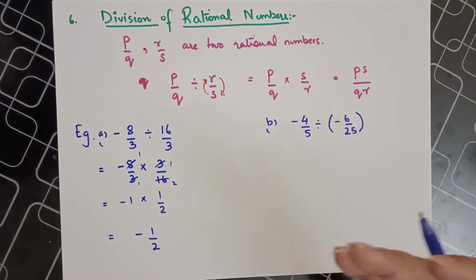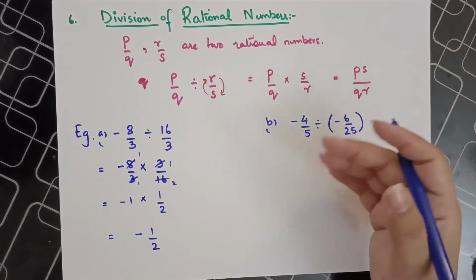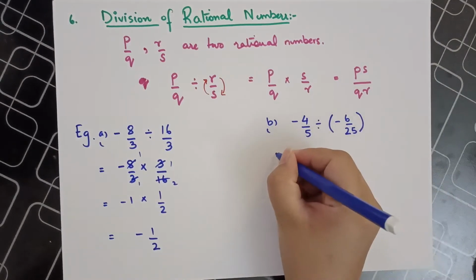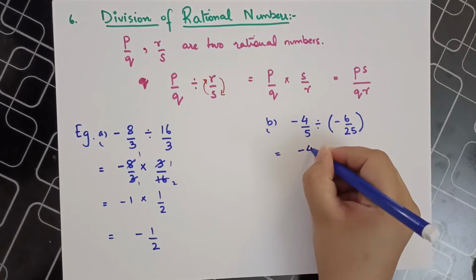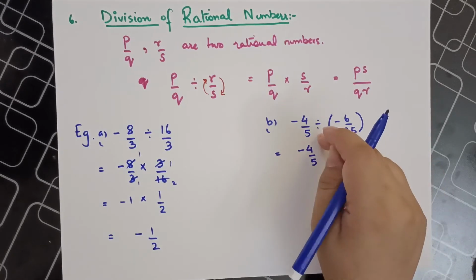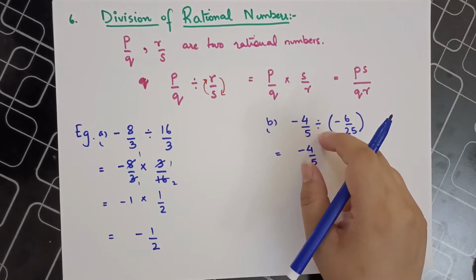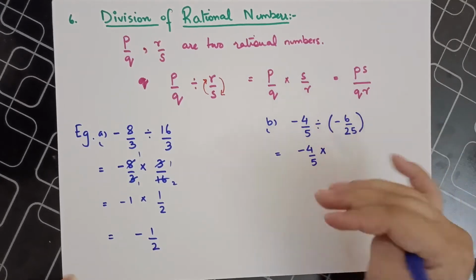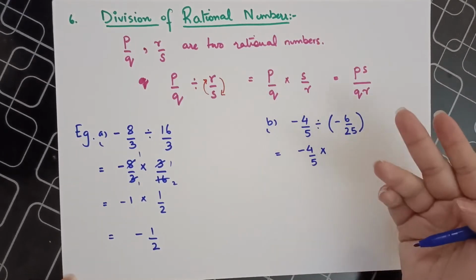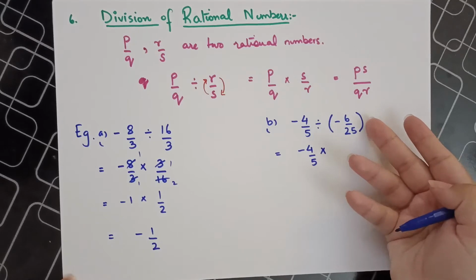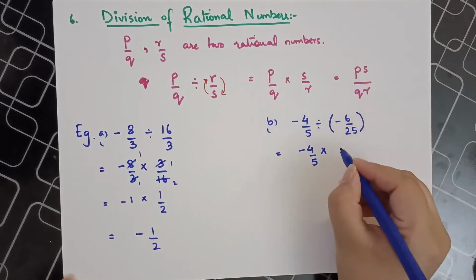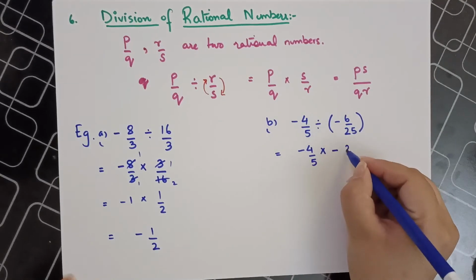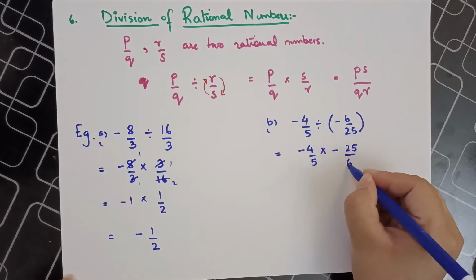Okay, now we have another example. This might clear your confusion if you have any. It's minus 4 upon 5, and here is a division sign. Now we have to convert it into multiplication. We're going to change this, flip the fraction, and take its reciprocal. So it will be like minus 25 upon 6.